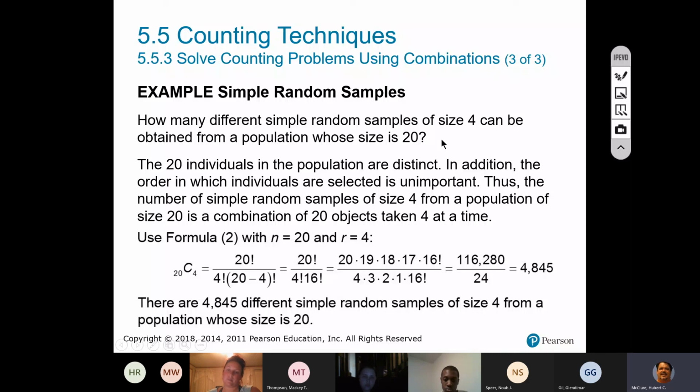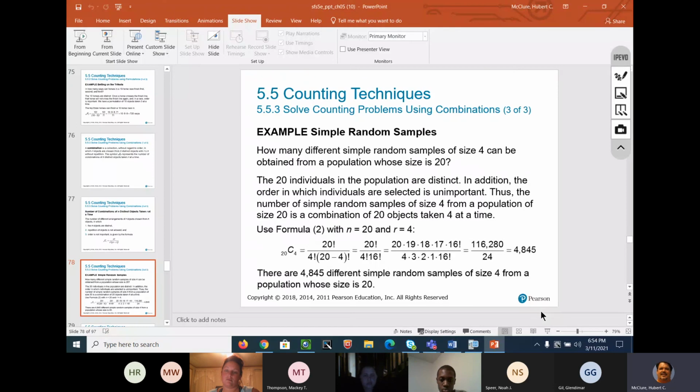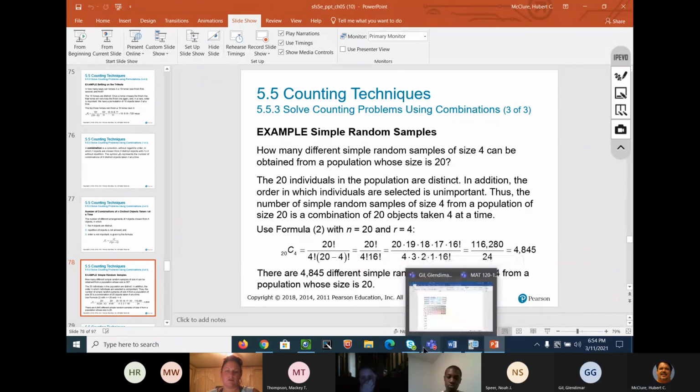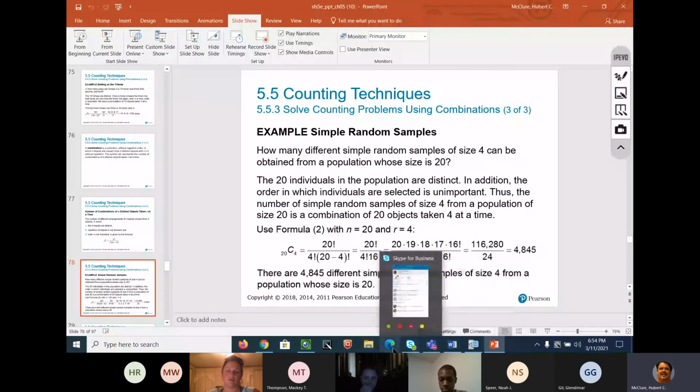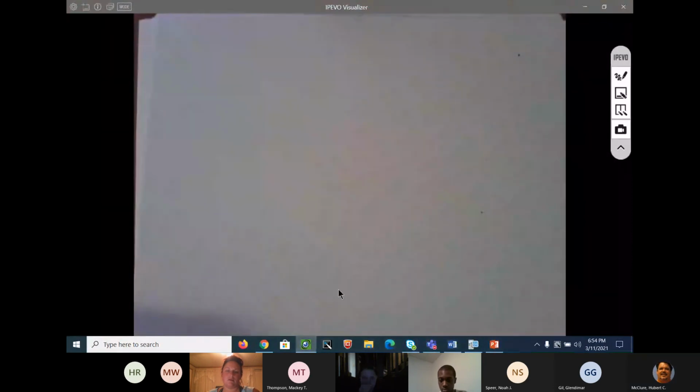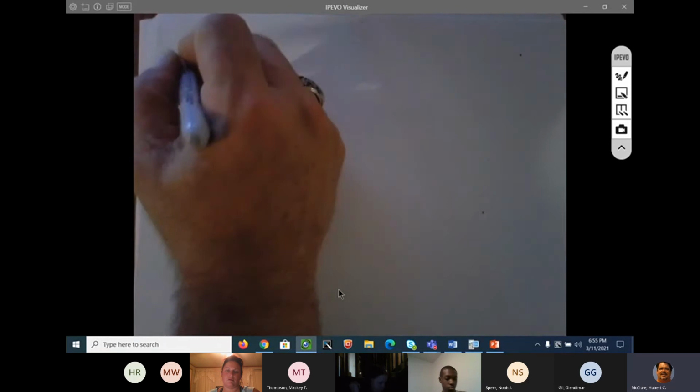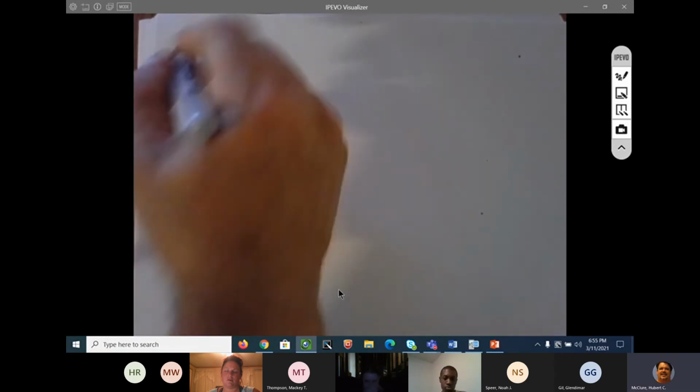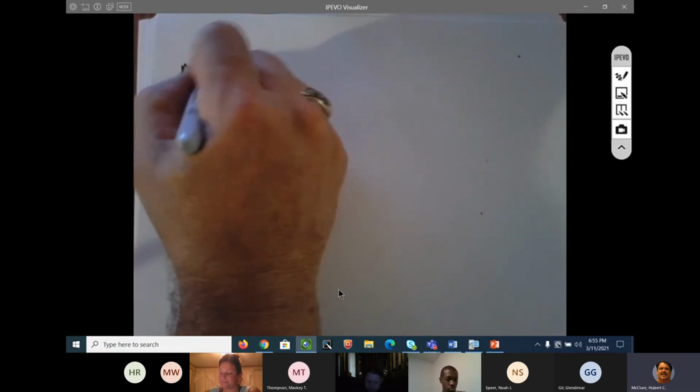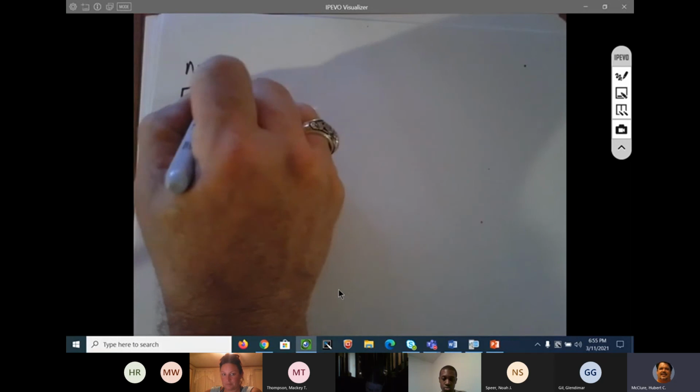Somebody tell me what the biggest number is. 20. I'm going to take my handy dandy whiteboard. So N is equal to 20. And R is equal to 4.